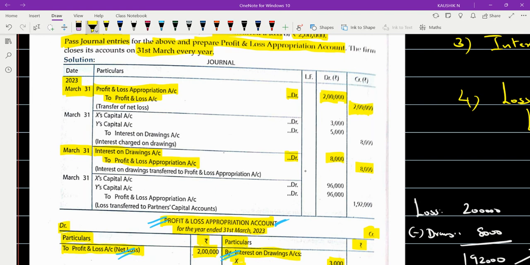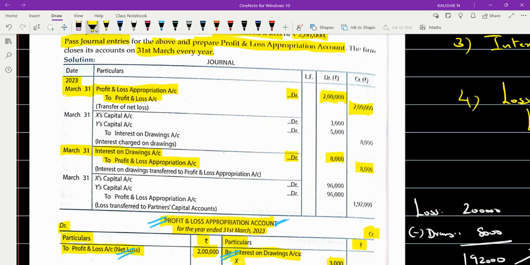Okay, right. I have kept one entry on hold. Let me complete this third entry and then come to that entry towards the last. Let me make you understand all the entries pertaining to the profit and loss appropriation account, then I'll touch upon that particular entry.